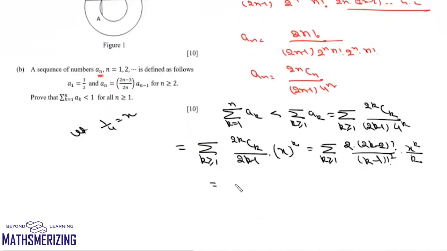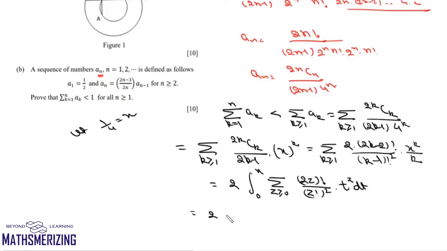Now we can write this summation as the integral from 0 to x of the summation, with some variable z greater than or equal to 0, of factorial 2z upon factorial z square into some variable t to the power z, into dt.